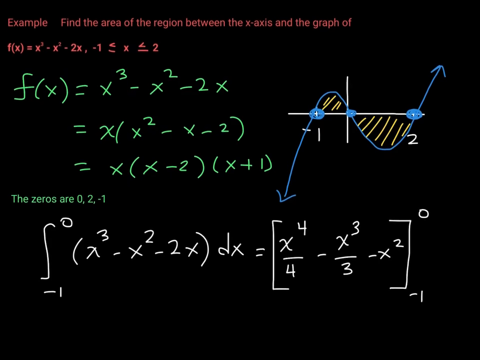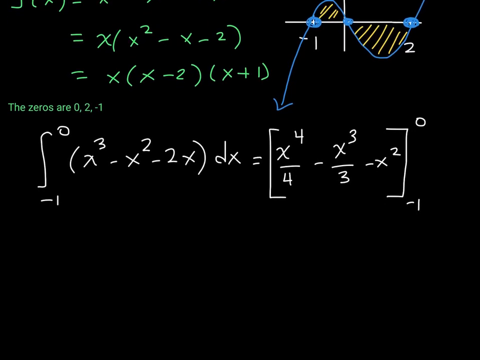So this will be equal to, we have some arithmetic to do. Plugging in 0 is convenient because then you just get 0, minus, and when you plug in -1, you get 1/4 plus 1/3 minus 1, which is -5/12. So 0 minus -5/12, you get 5/12.